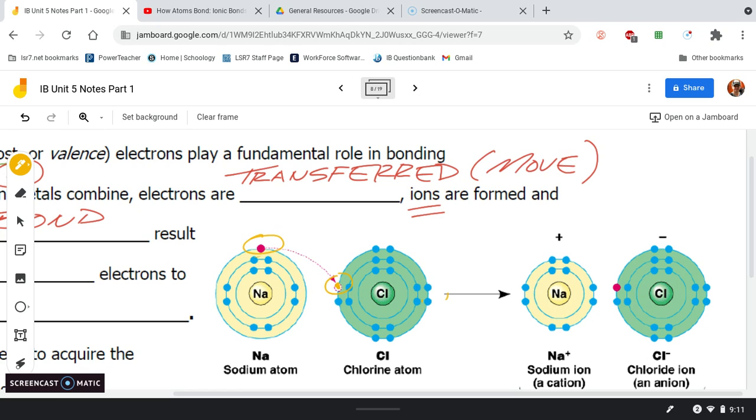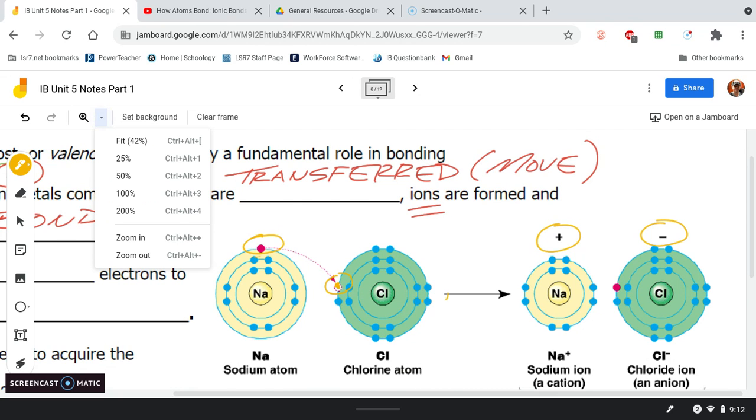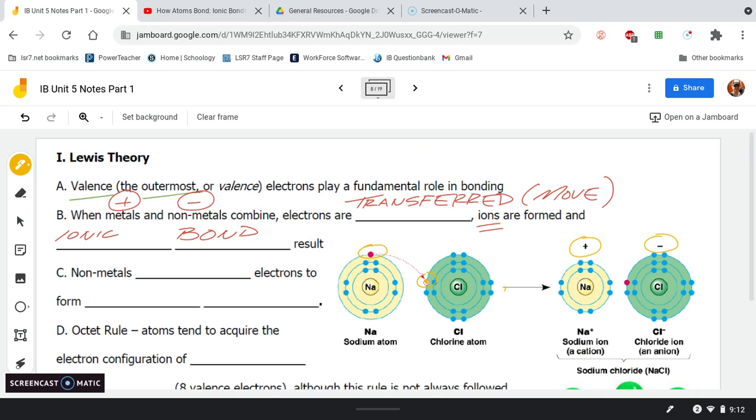So the sodium is now like neon, and the chlorine is now like argon. They're both very stable. Giving the electron away works because the chlorine needs to be -1 and the sodium needs to be +1. That's the gist of the ionic bond: that movement. There are other types of bonds, obviously, covalent bonds and metallic bonds, but that's the ionic bond.